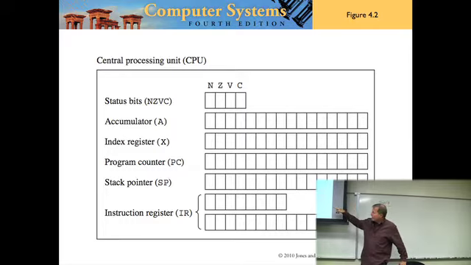Okay, and then the next one is called the program counter, abbreviated by PC. How many bits? 16. And what does the program counter keep track of? Those of you who took paradigms, what is a process?